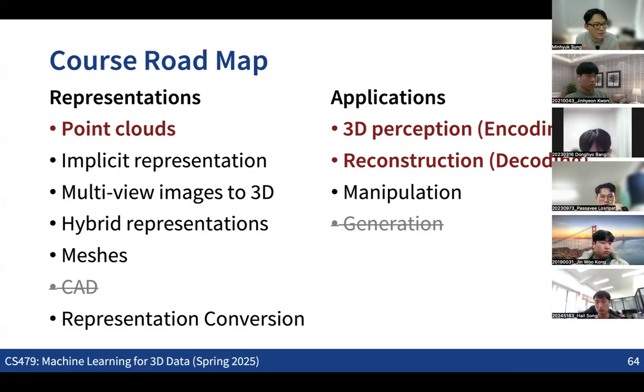Once we discuss the point cloud, we're going to move on to the implicit representation, multi-view to 3D reconstruction, hybrid representations, meshes, and also some convergence across them. So this is the plan for this course. Any questions on this?